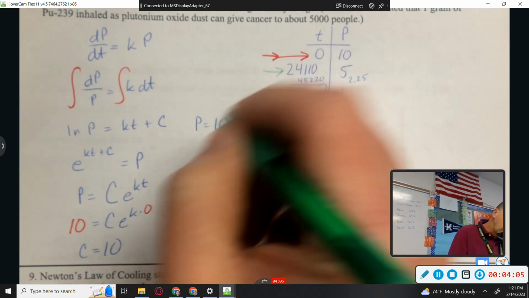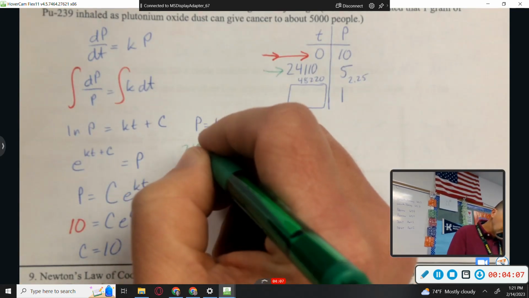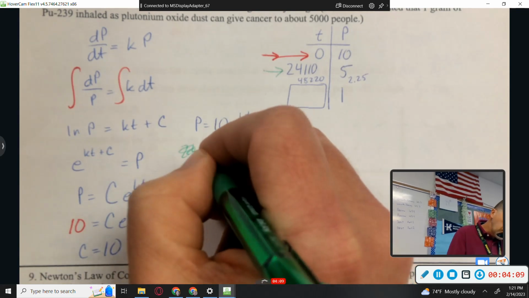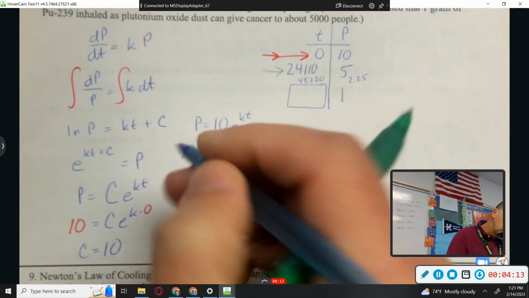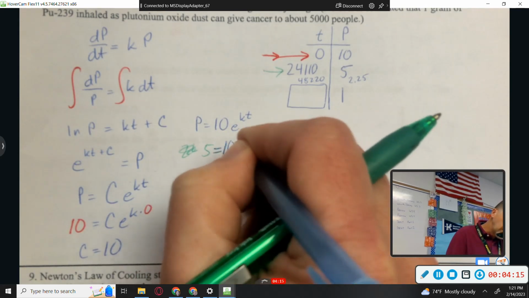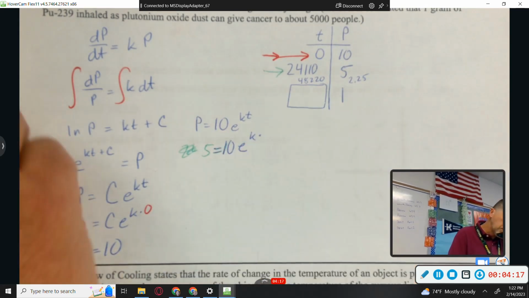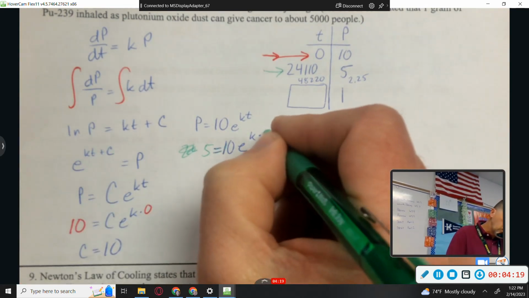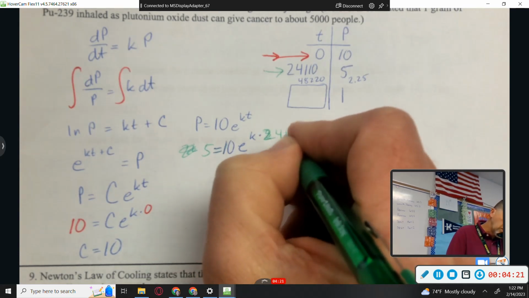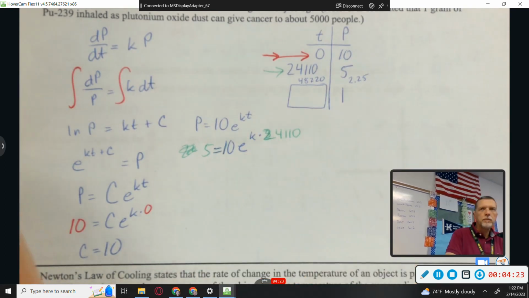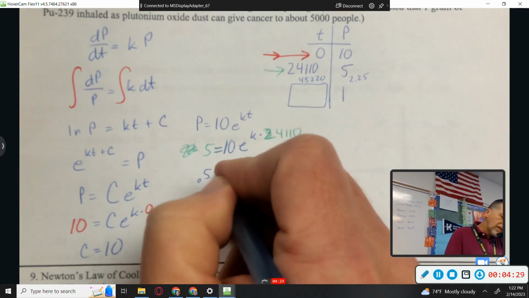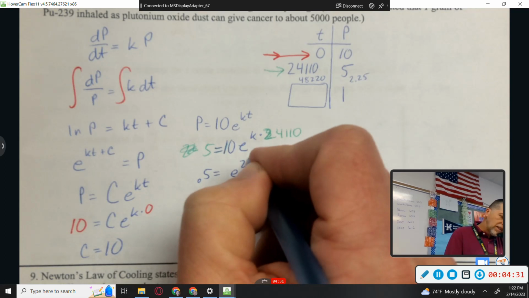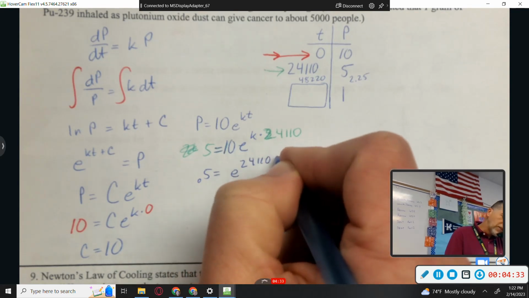So next, 5 equals 10 e to the k times 24,110. So 5 divided by 10 is 0.5, e to the 24,110k.